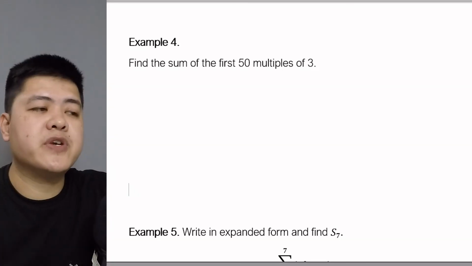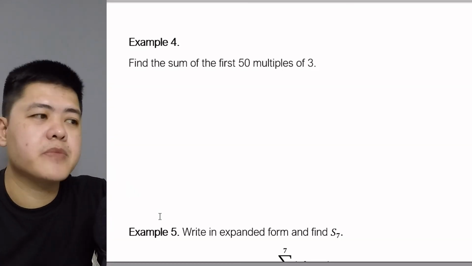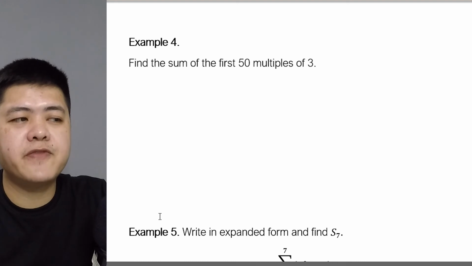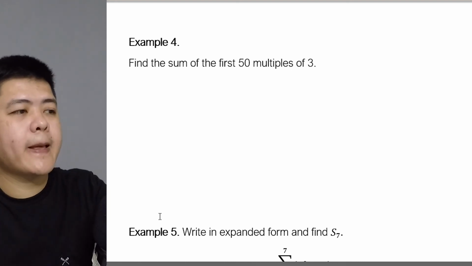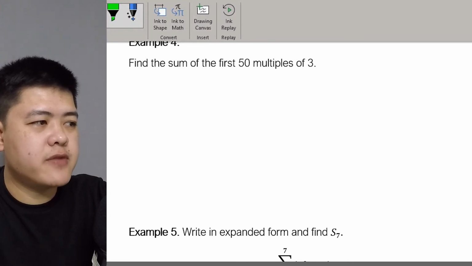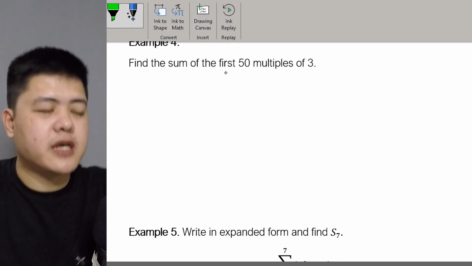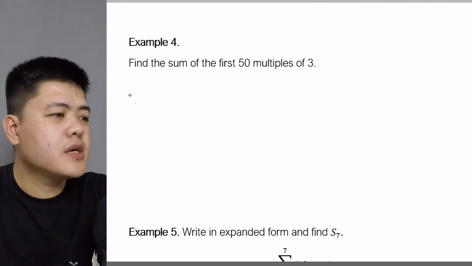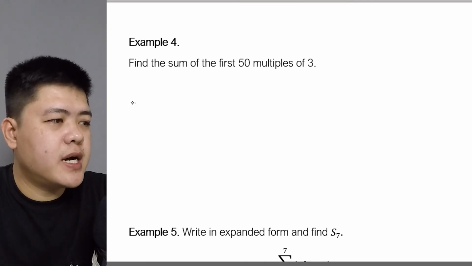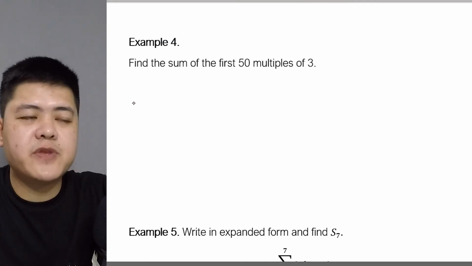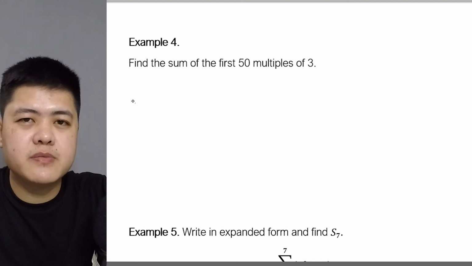Find the sum of the first 50 multiples of 3. Shall we use the second formula? Pwede naman siguro, no? Shall we use the second formula? So we know that first 50 multiples of 3. So what's the first multiple? 3.